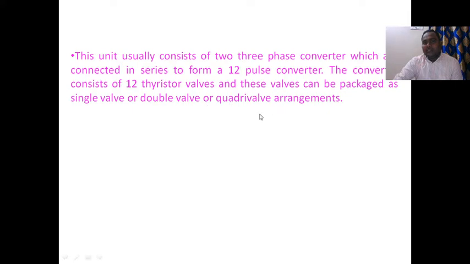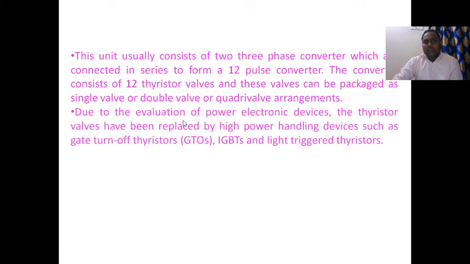The converter consists of 12 thyristor valves, and these valves can be packaged as single valve, double valve or quadrivalve arrangements. Due to the evolution of power electronic devices, the thyristor valves have been replaced by high power handling devices such as GTOs, gate turn-off thyristors, IGBTs, insulated gate bipolar transistors, and light-triggered thyristors.